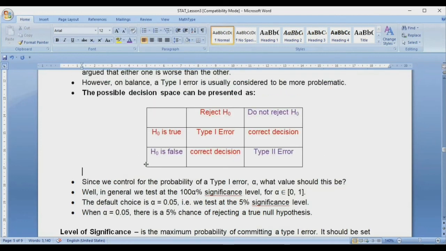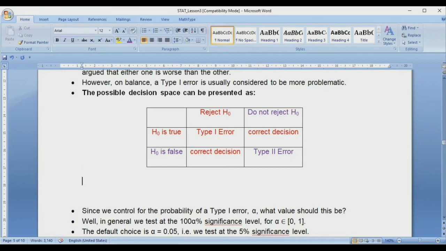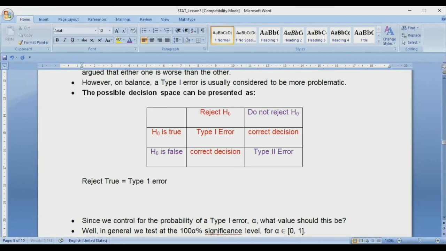So, let us summarize this table. Accept, lagay ko muna, reject true. Kapag nireject mo yung true, anong na-commit mo? Correct decision. Sorry, type 1 error. Okay? Pag in-accept mo yung true, what did you commit?